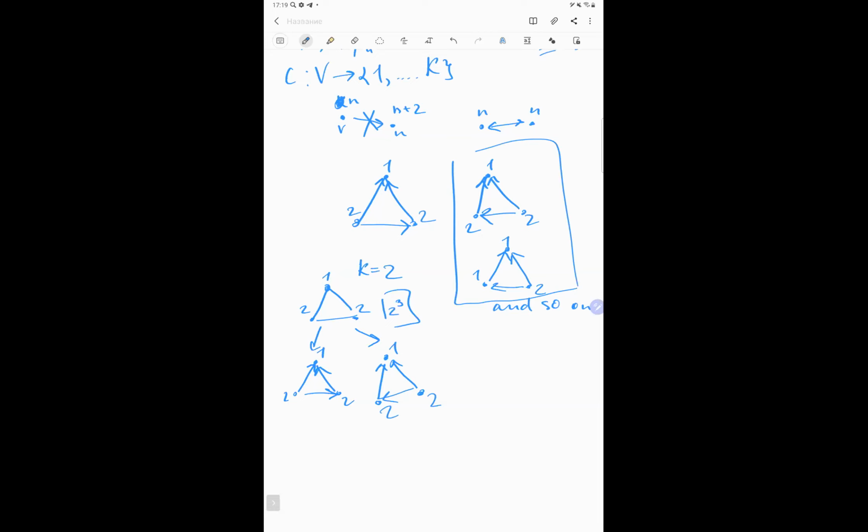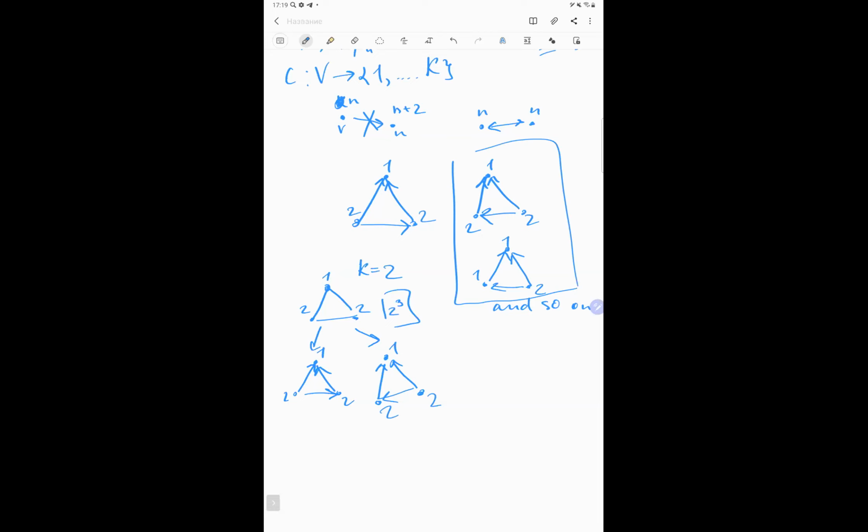If we have two vertices colored the same color and the third vertex colored a different color, then we have two possible acyclic orientations, yeah? And so we have 6 plus 6 plus 2 times 6, which is exactly 24.